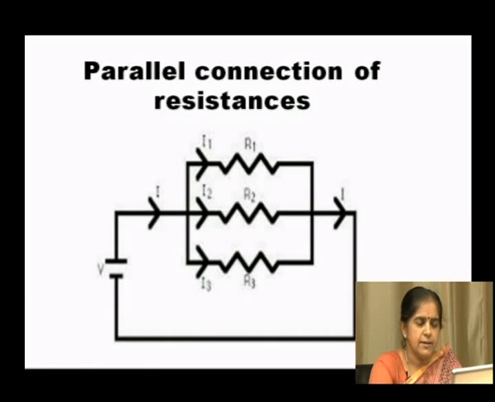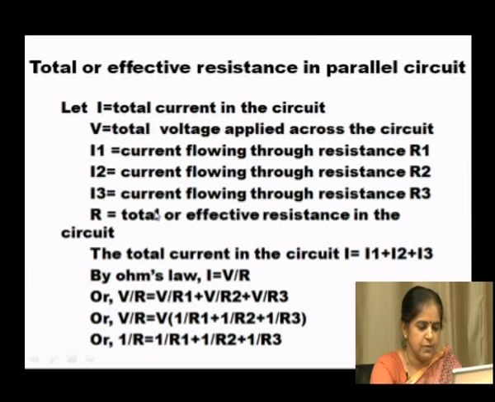So, the resistances which are connected in parallel are connected between 2 common points. This type of configuration is known as parallel connection of resistances, and the voltage applied across the circuit is V, and I is the total current which is flowing in the circuit.